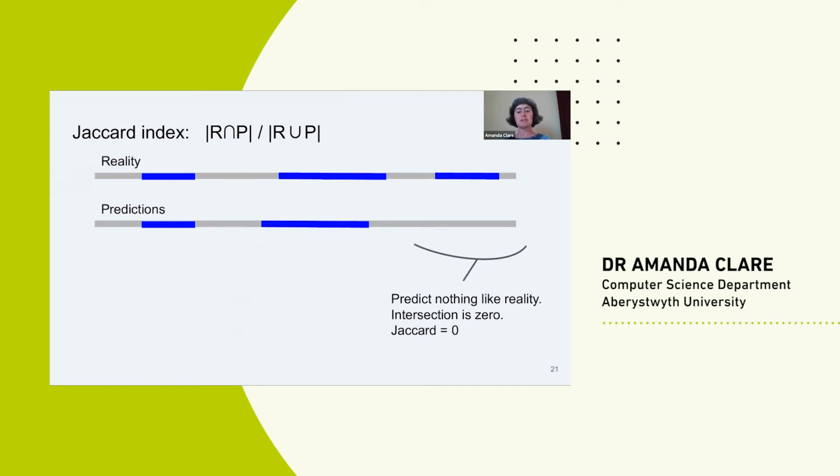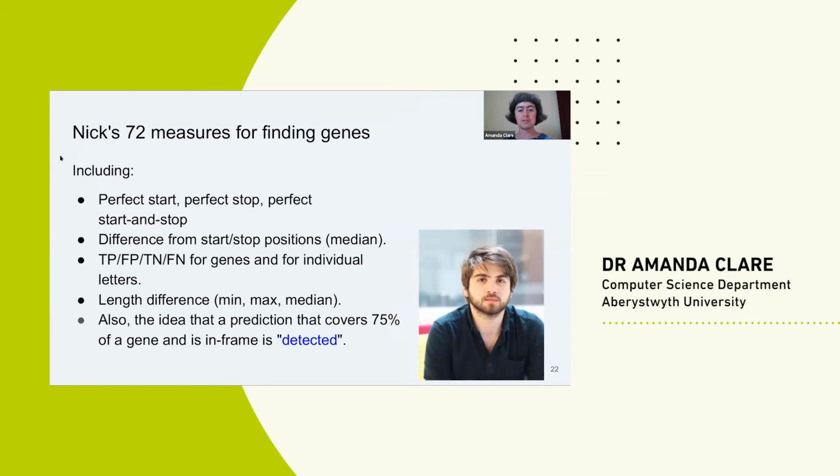So these kinds of measures can give us numbers that allow us to say something about what's going on. But then what actually happened for us in the gene prediction and counting whether gene predictions were good or not is that Nick, who's in the audience, this is part of his PhD work, and he's now published this paper of a tool that lets us compare lots of gene prediction tools on many measures.